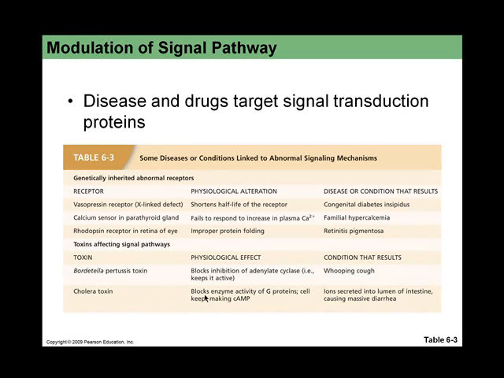Anyway, cholera toxin blocks the enzyme activity of G proteins, and the cell keeps making cyclic AMP, and so ions would be secreted into the lumen of the intestine, causing massive diarrhea. So the descriptions here of these toxins are associated with the natural infection by the agents, the bacterial agents that produce these and secrete them.